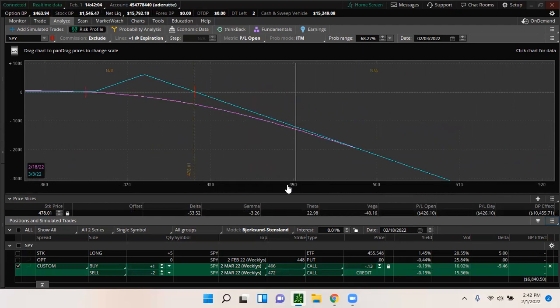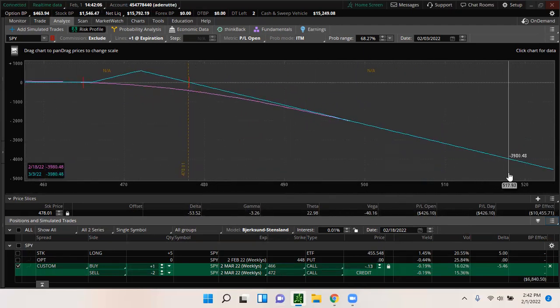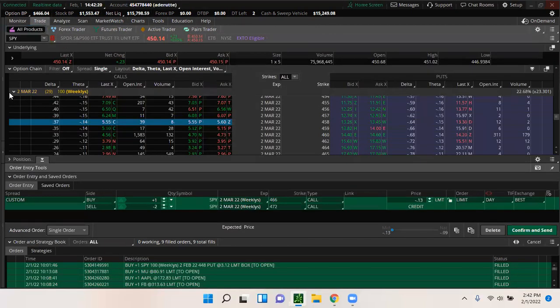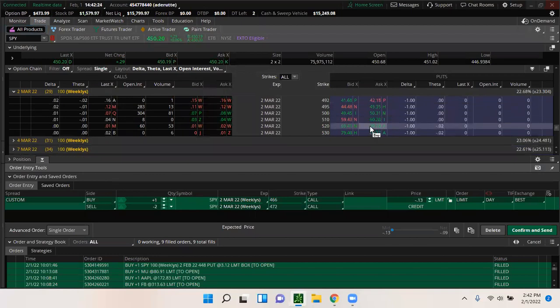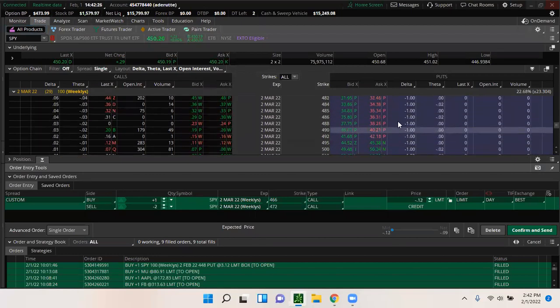But to answer your question, if it goes to like infinity, 500 and let's say 520, I can lose a little more, 4,200. But that would be extremely unlikely. If you look at the probability, the chances of it hitting 500 are basically nil, based on this chart.